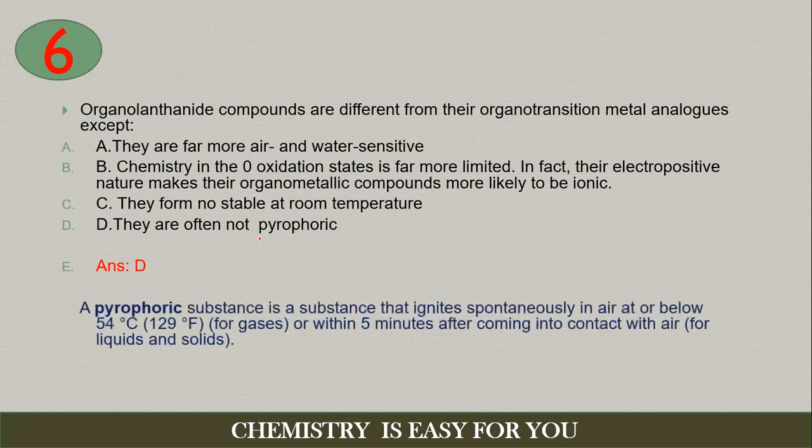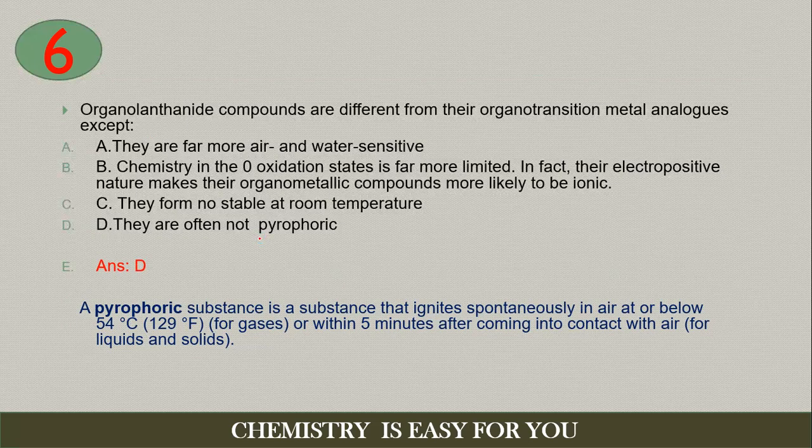Pyrophoric actually means a substance that can ignite or catch fire spontaneously in air just below 54 degrees Celsius, and within 5 minutes after it comes into contact with air for liquids and solids. So you just have to remember that organolanthanide compounds are different from organotransition except that they are often not pyrophoric. Transition compounds would be pyrophoric and can ignite spontaneously in air below 54 degrees Celsius as gases, or within 5 minutes of contact with air if they are liquids or solids.